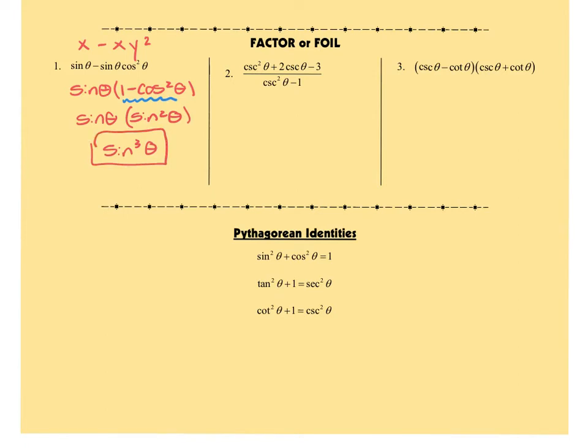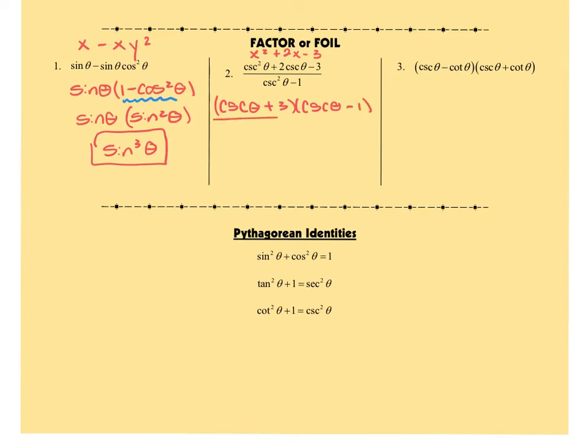So on our next one here, what we're going to notice is that the numerator could factor. What we're visualizing here is an x squared plus 2x minus 3, where our x's are cosecants. So we're going to write this as a cosecant theta plus 3 and a cosecant theta minus 1.